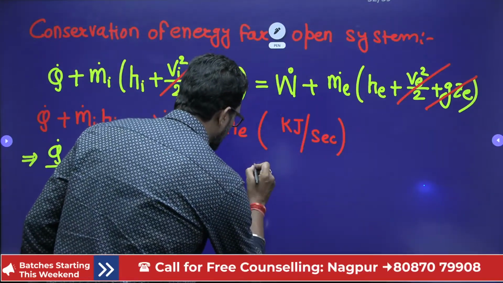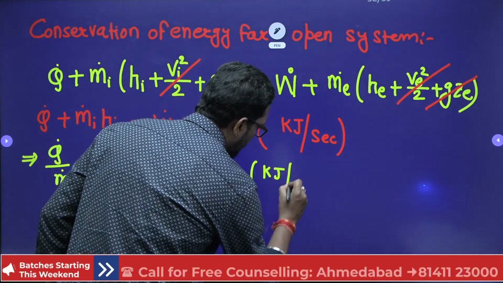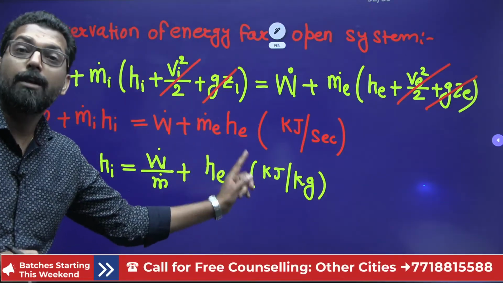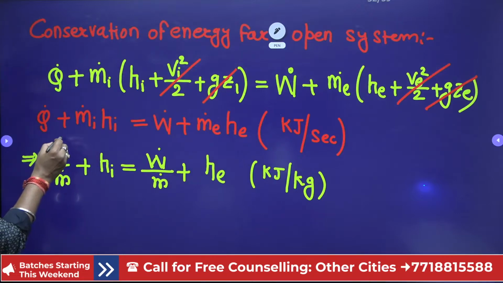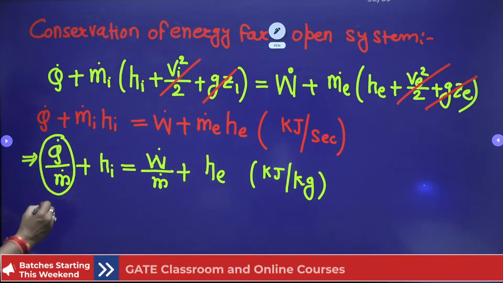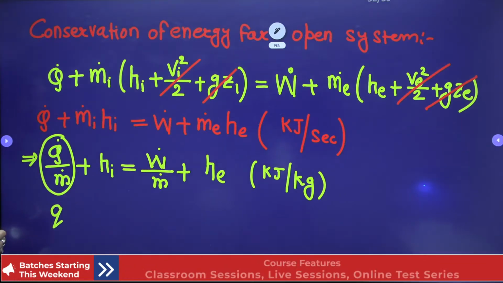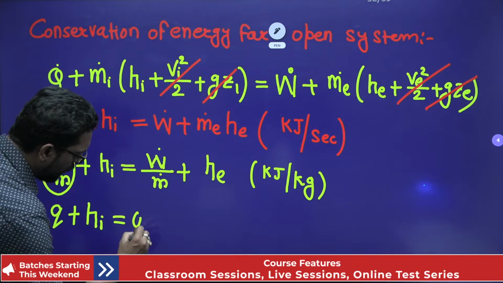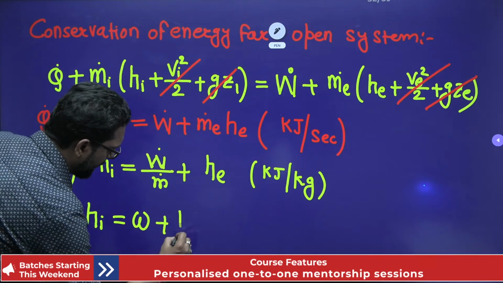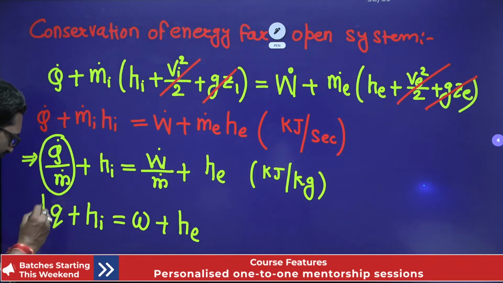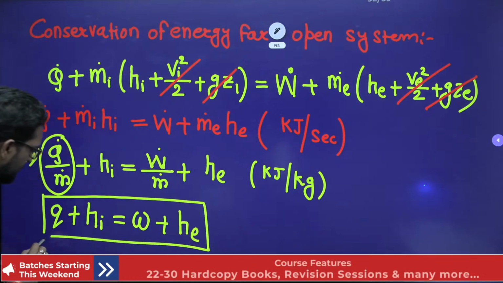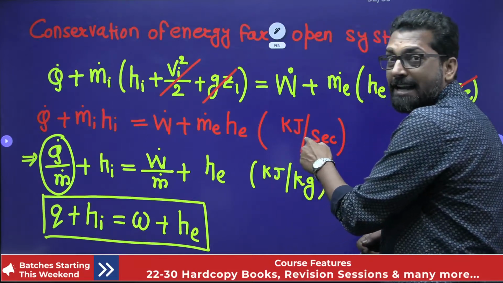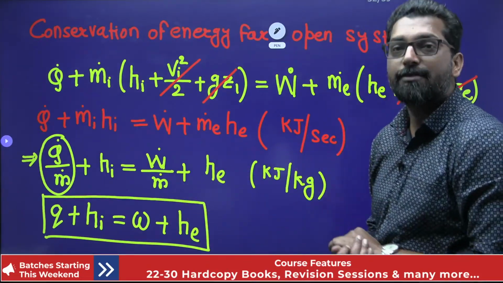Sometimes this Q dot by m dot is written as small q, plus hi equals small w plus he, in kilojoule per kg. So this is the energy equation per unit time basis, and this is the energy equation per unit mass basis.